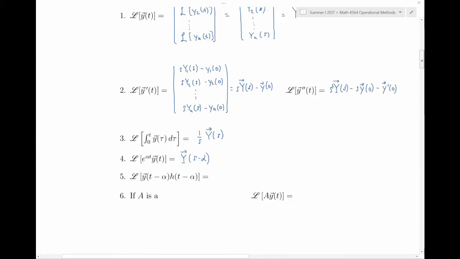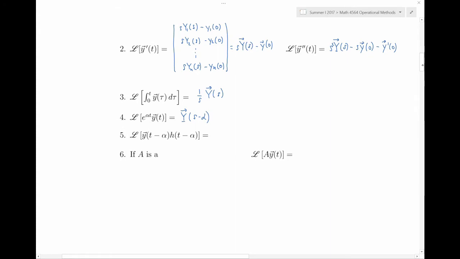And shifting in the time domain leads to exponential multipliers in the Laplace transform domain. So this is going to be e to the minus alpha s. And this is a scalar quantity multiplied by a vector, which means that every component of Y of s is going to be multiplied by this exponential function.